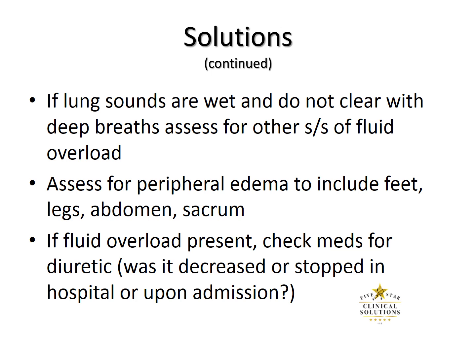If lung sounds are wet and do not clear with deep breaths, assess for other signs and symptoms of fluid overload. Assess for peripheral edema to include the feet, the legs, the abdomen, and the sacrum. If fluid overload is present, check the medications for a diuretic. Was it decreased or stopped in the hospital or upon readmission?